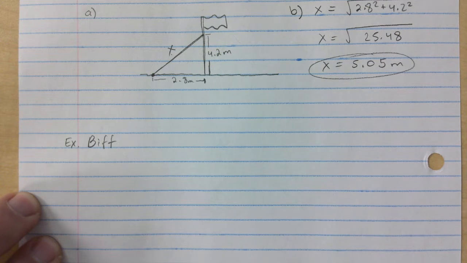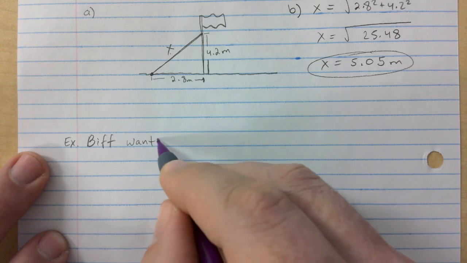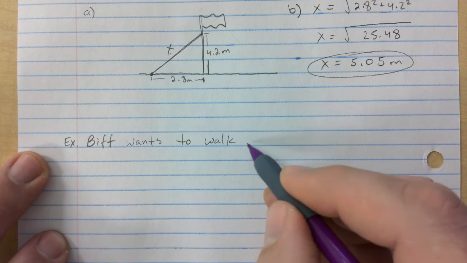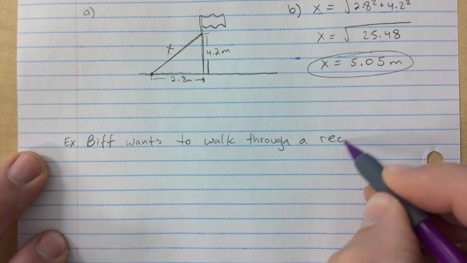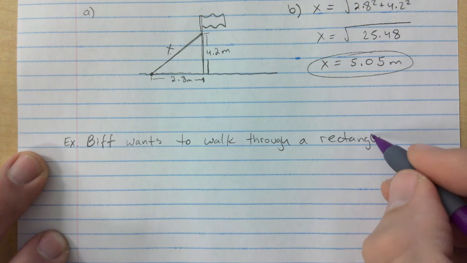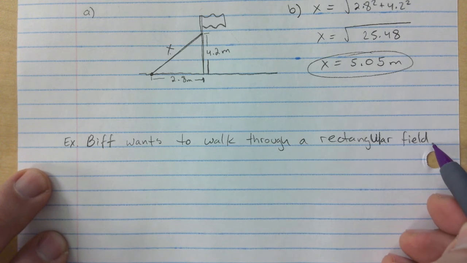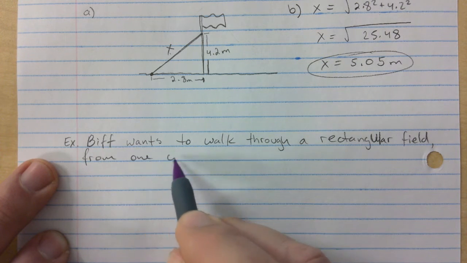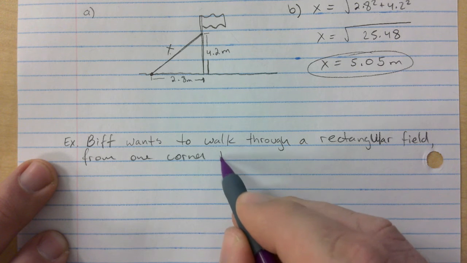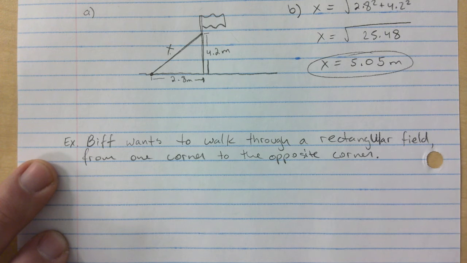All right. So Biff wants to walk through a rectangular field, from one corner to the opposite corner.